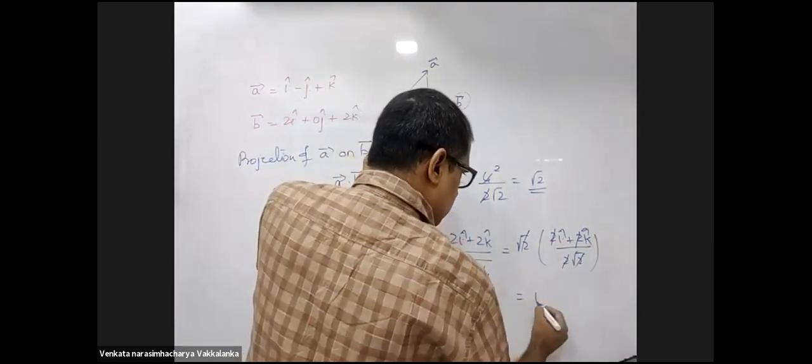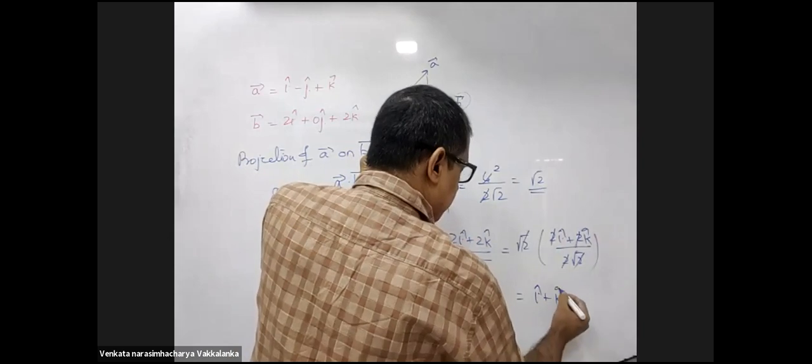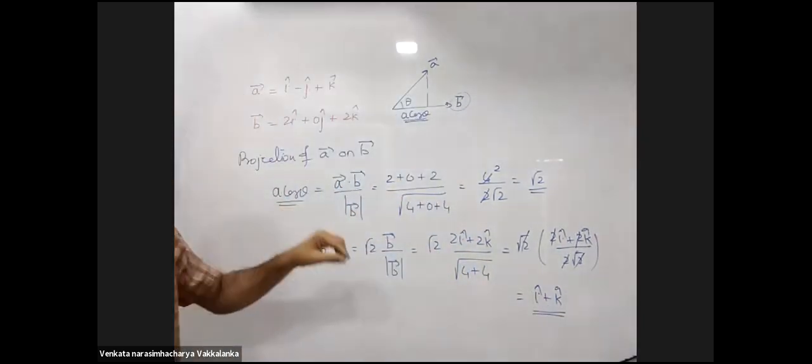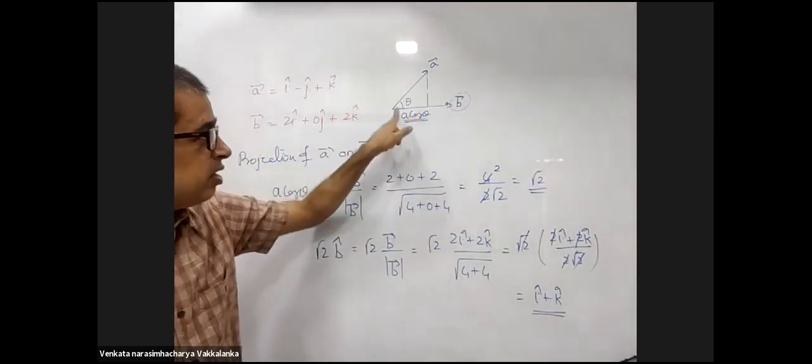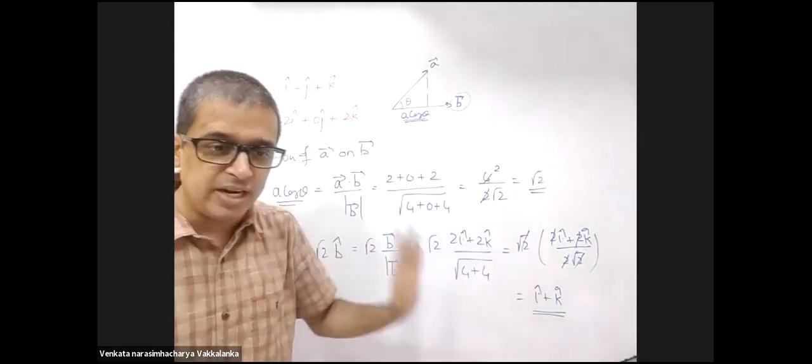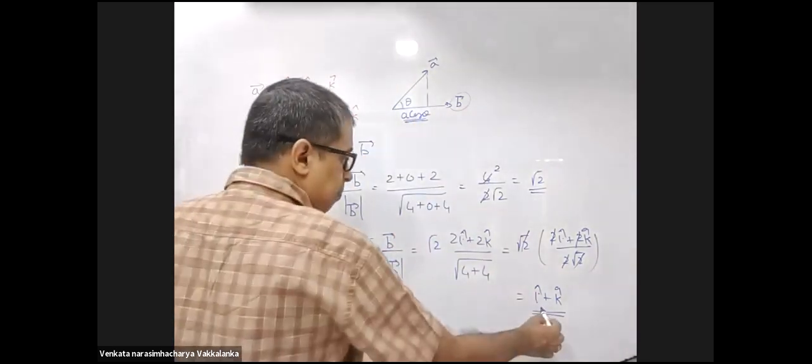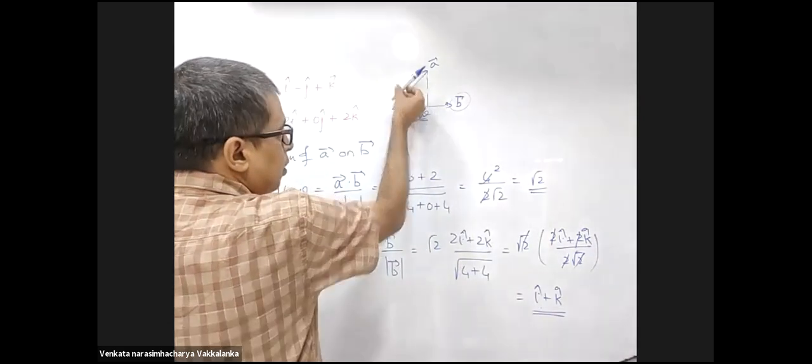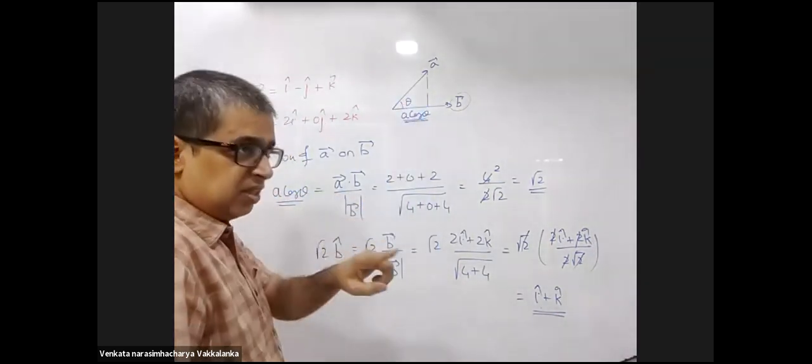Root 2 gets cancelled. I cap plus k cap is the component of A along B with direction.